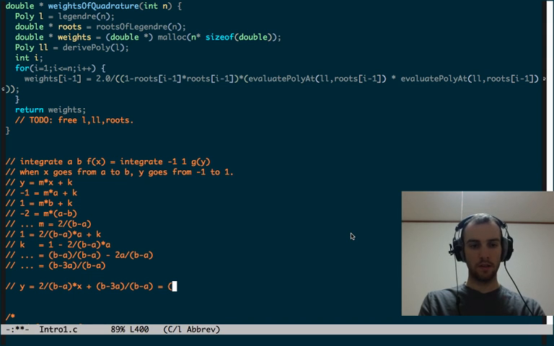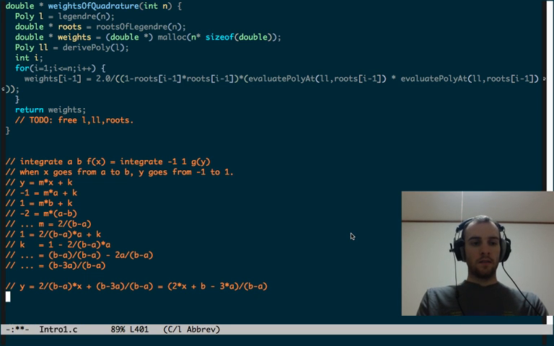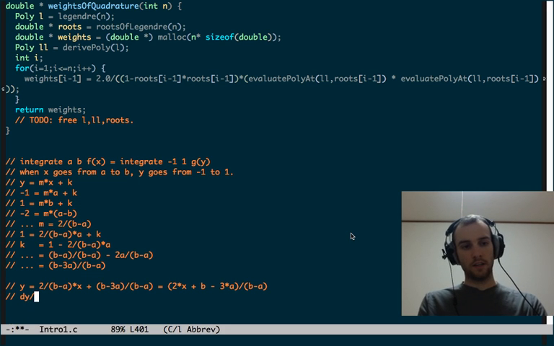Okay, we can rewrite that: 2x plus b minus 3a over b minus a. Right, and then dy over dx, the derivative, will be just 2 over b minus a.